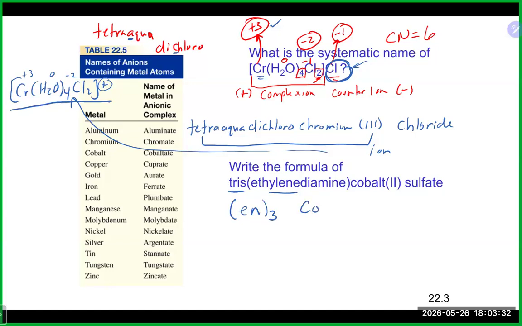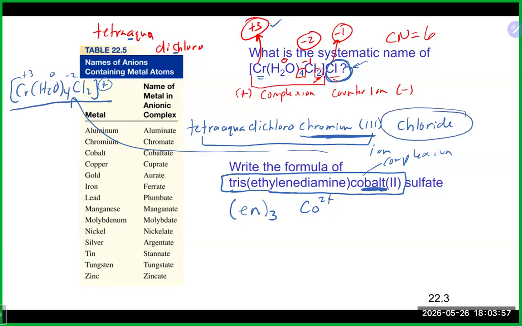So through this part here, this is my complex ion part. I know this is the end of the complex ion part because the metal comes at the end of that name. So a reminder that the metal always comes at the end of the complex ion part. That's why up here, the metal comes at the end of the complex ion part of the name. Not the actual end of the name itself, but at the end of the complex ion part of the name is when the metal should come.